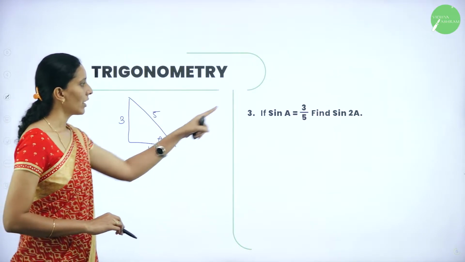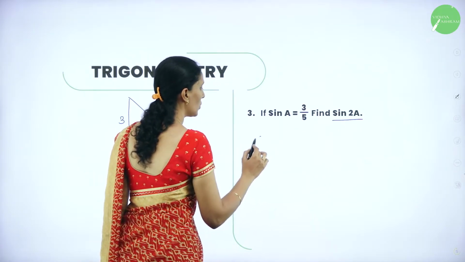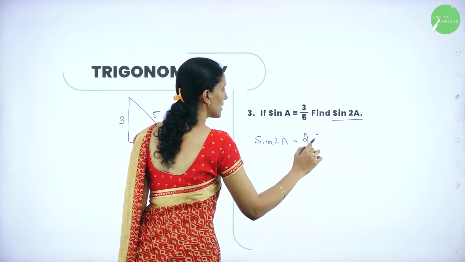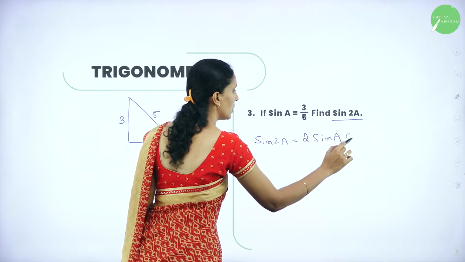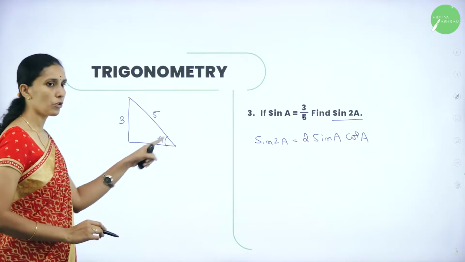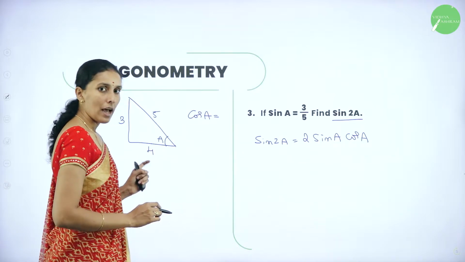So, therefore, if sine A is 3 by 5, we know the formula for sine 2A. What is sine 2A? It is 2 sine A cos A. So, here we need cos A. To calculate cos A, we should know the knowledge of this. So, cos A is adjacent side by hypotenuse.